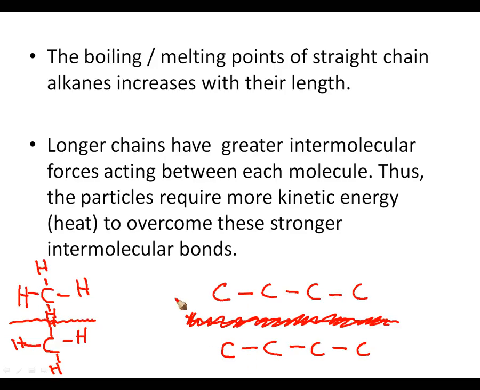That instantaneous, uneven distribution of electrons makes weak positive and negative areas that are attracted to each other. Like I said, you don't really need to worry too much about that. You'll learn more about it at the senior levels as you progress. But the key idea here is that as the molecules get longer, the intermolecular forces between them get stronger.